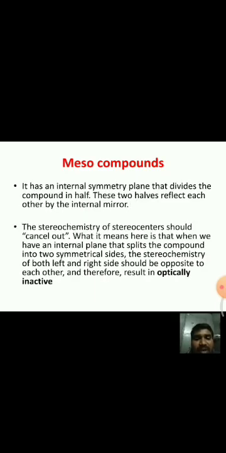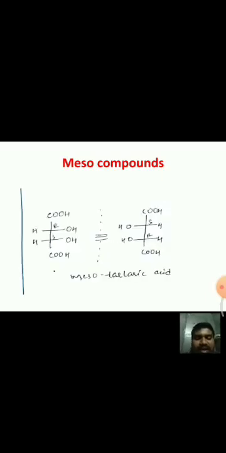It is generally having a plane of symmetry. That means a plane bisects the meso molecule into two identical halves. Hence, the molecule is not a chiral molecule, and the molecule is optically inactive. As the plane splits the molecule into two identical halves, the stereochemistry of the left and right sides should be opposite to each other, which results in optical inactivity.